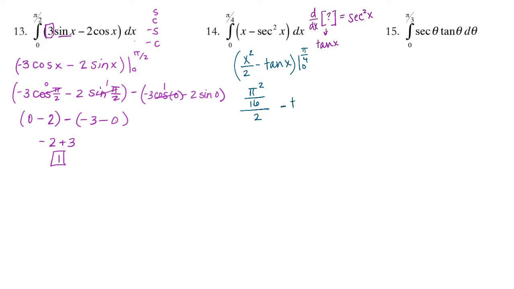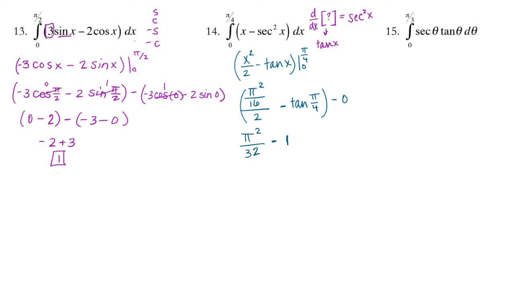Tangent of pi over 4, I think, is 1. Pretty sure of that. And then we're going to substitute in 0, and tangent of 0 is 0, and 0 squared over 2 is still 0. So we just have to figure out this terrible looking fraction, but we know that means divided by 2, so multiplied by a half. So that's pi squared over 32 minus tangent of pi over 4, which is 1.